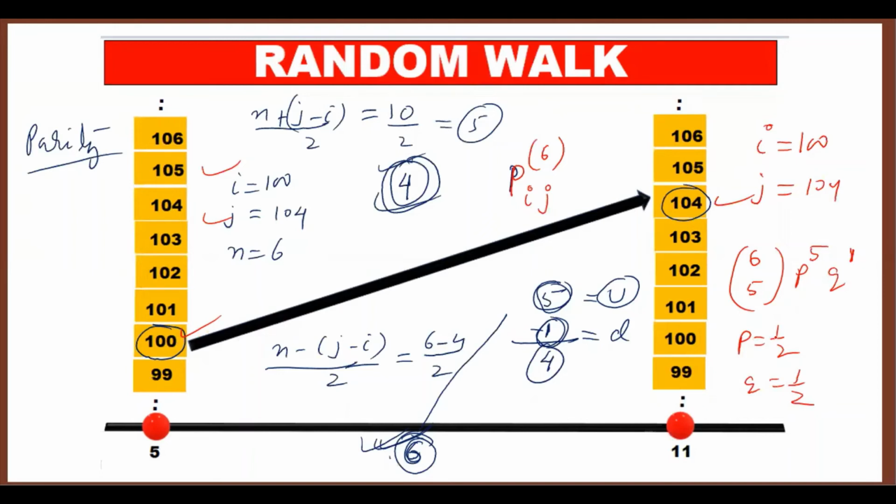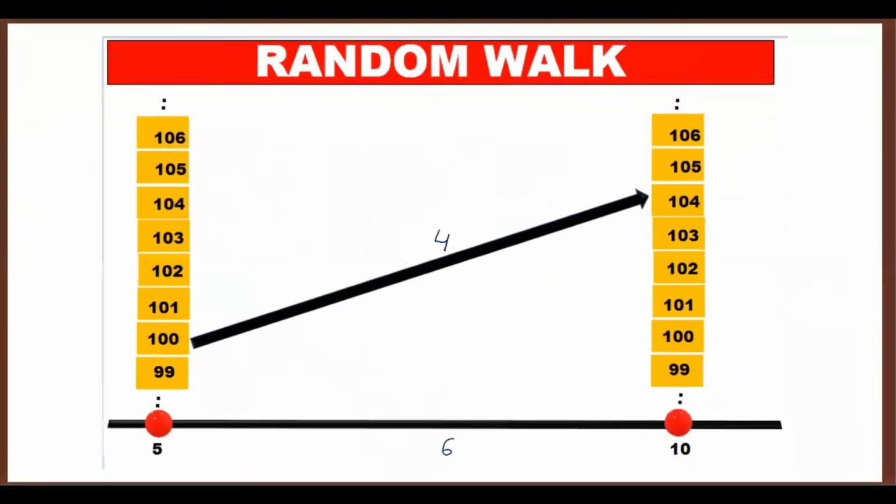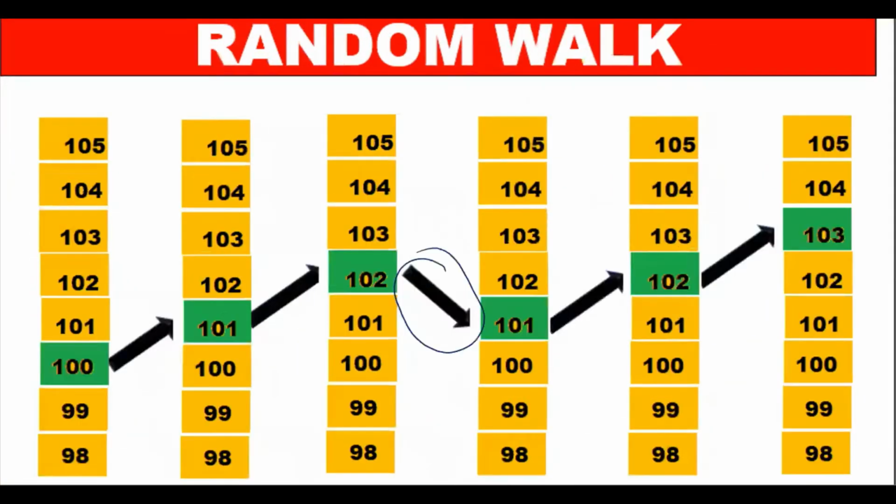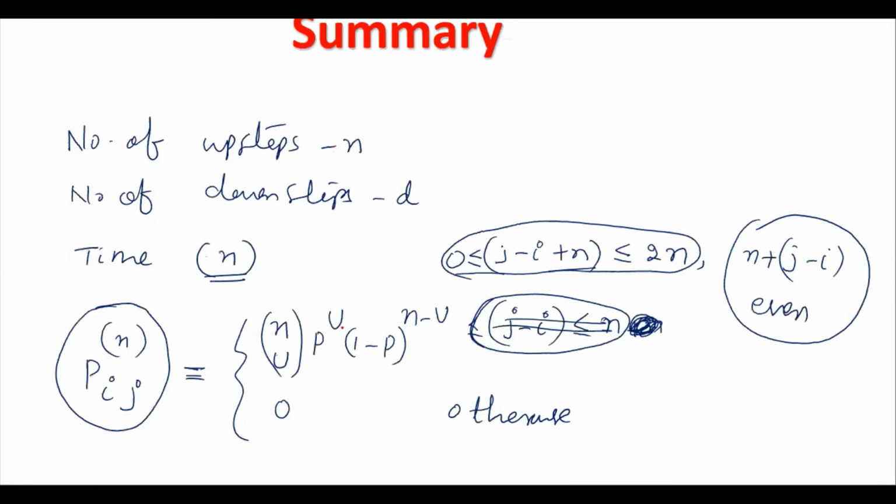The probability is p, half. 1 minus p, or q, is half. That way you can do it. So given p and q, you can always find this. Given p, you know 1 minus p, and n will be given, i and j will be given. You put everything in and find the probability. If these are not satisfied, then you say it's impossible, 0 otherwise. This is the summary.